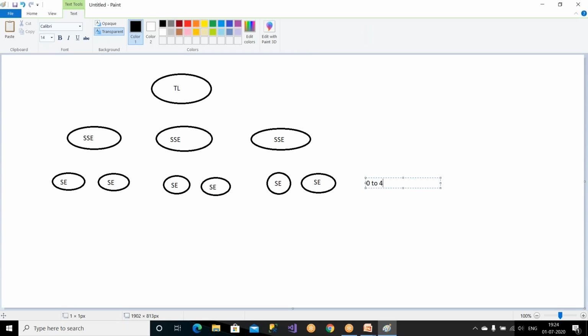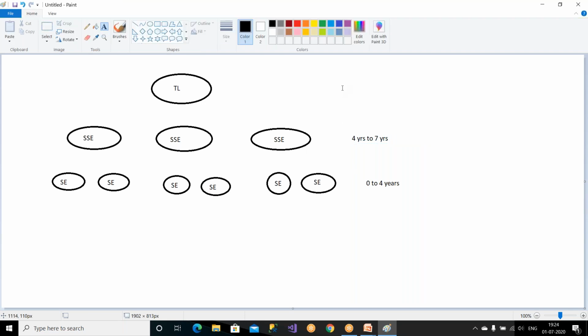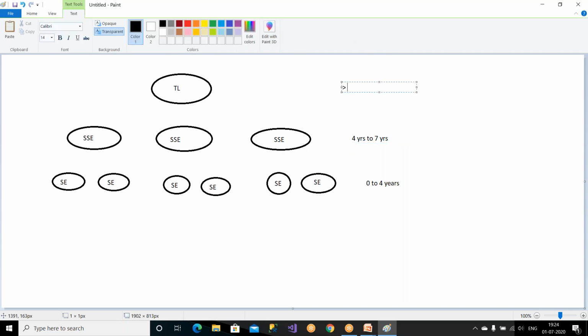You can say I'm a software engineer and I have 0 to 4 years of experience. From 4 years up to 7 years, all these people are called senior software engineers, and greater than 7, 8 years, you will be a team lead in your company.